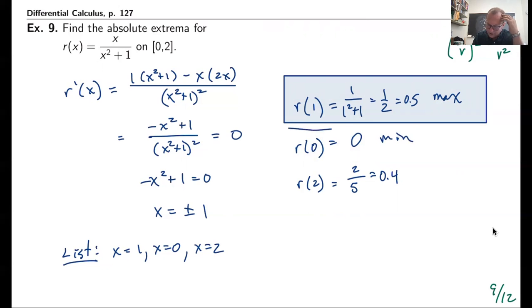If I try it again, maybe it'll be better. Yeah, all right. Your minimum value turns out to be 0 there. So hopefully that makes sense. And that's the kind of thing that we're doing in all these problems, is looking for critical points and then just plugging stuff into the function.